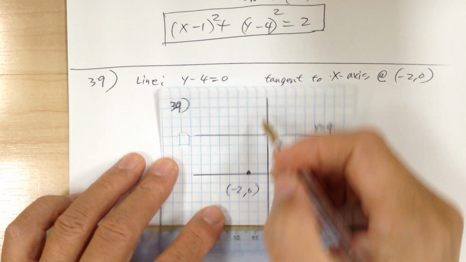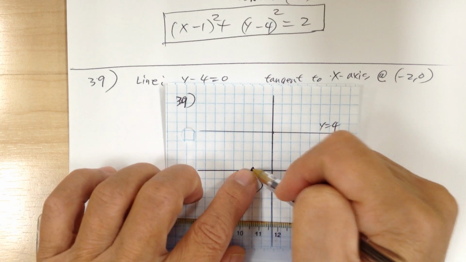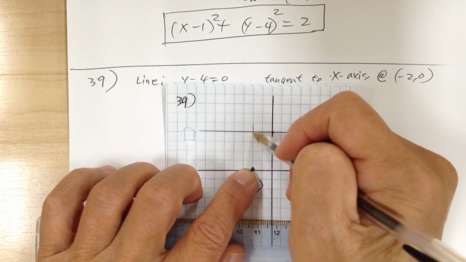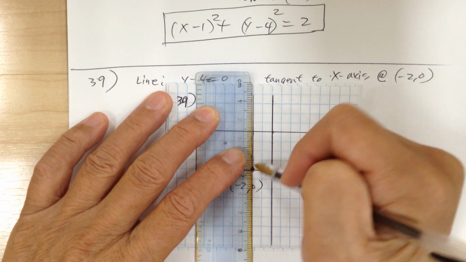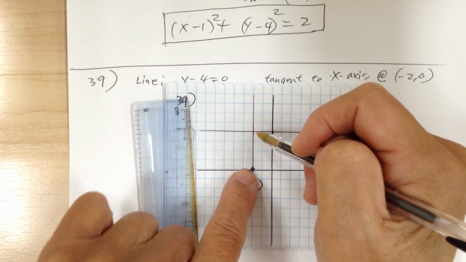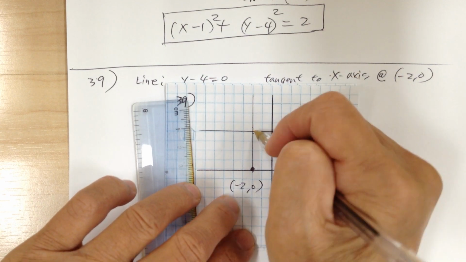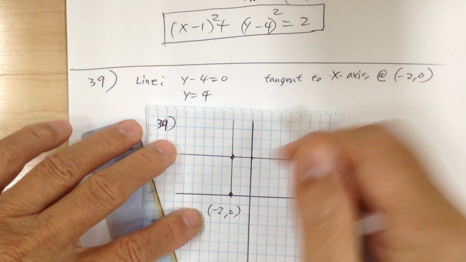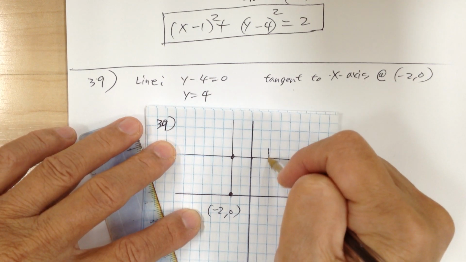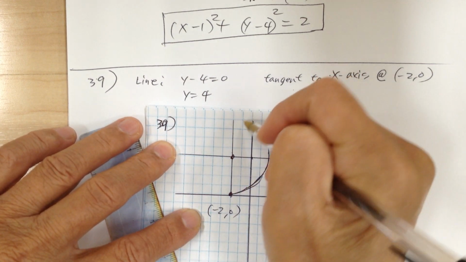This is the point of tangency, so that means the center has to be over here, because the radius is always perpendicular to the tangent line, right? So here's your center and the radius. From this picture, your circle is going to go like this.